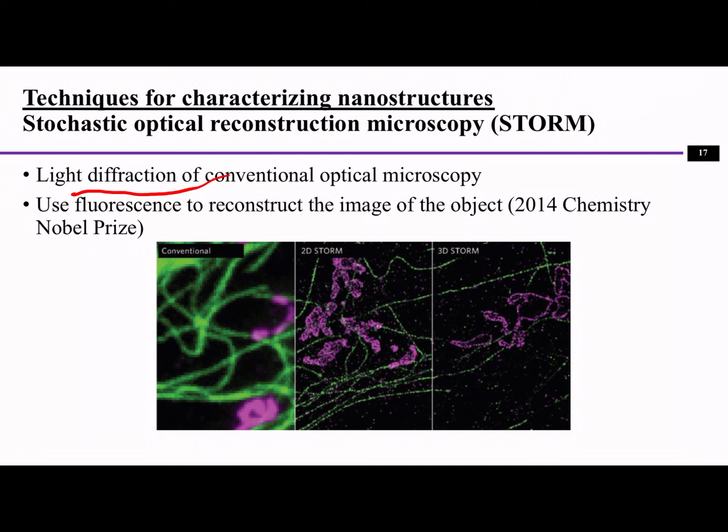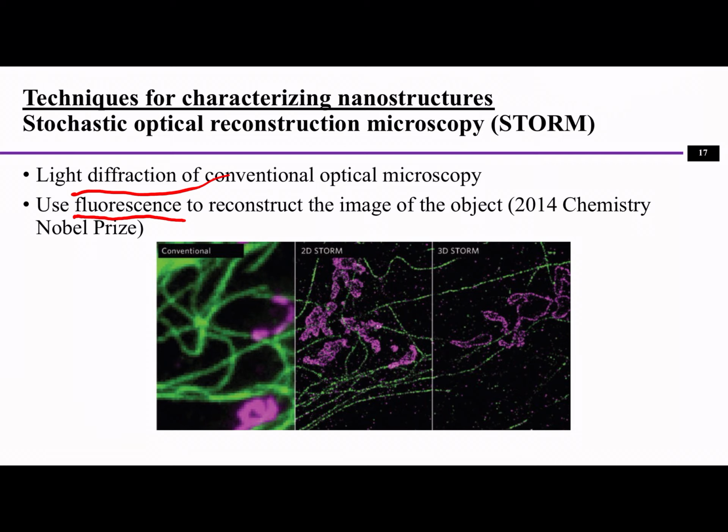For the optical microscope, some scientists started to create different methods to think about how we can get better resolution of those images. One method is fluorescence, which uses fluorescence to reconstruct the image of the object.